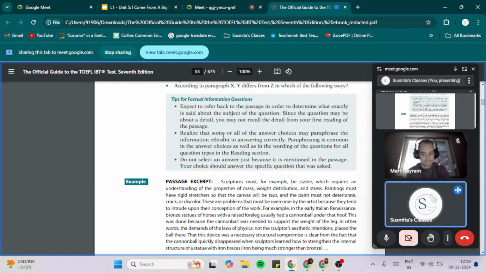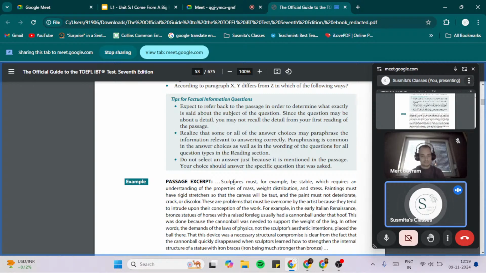Realize that some or all of the answer choices may paraphrase the information. Even though we say it is explicitly mentioned, sometimes the questions could be paraphrased. Another word could be used in the question or in the options. So don't get confused by that. Don't go for the exact word, go for the keywords.